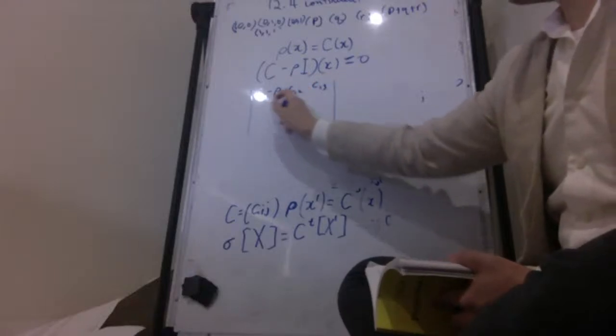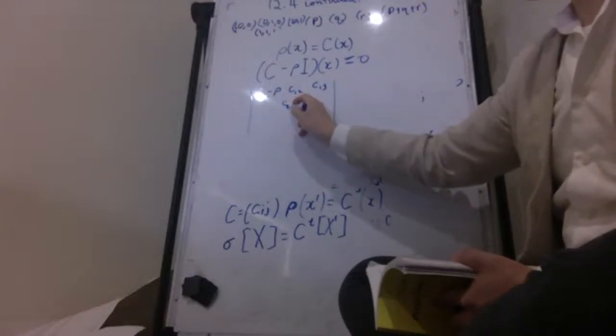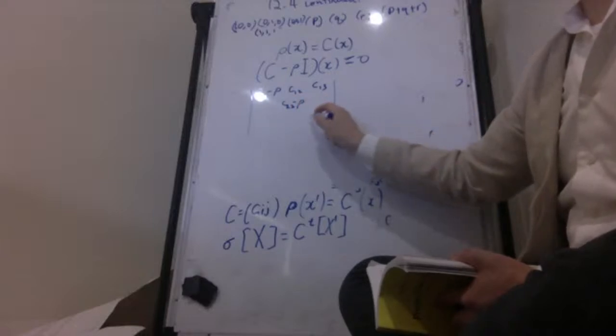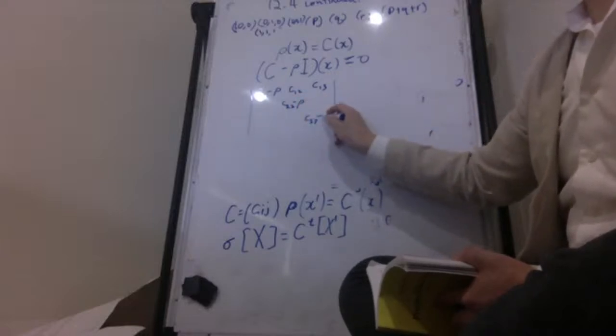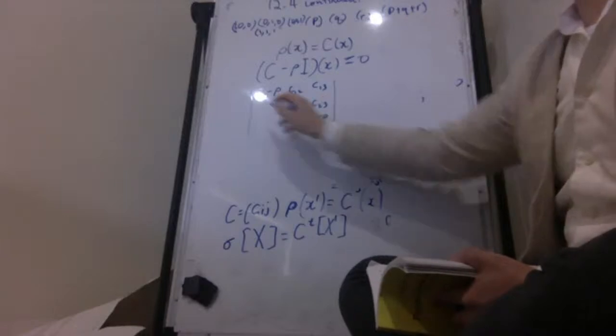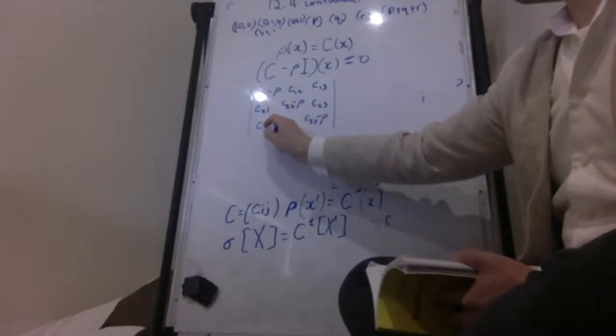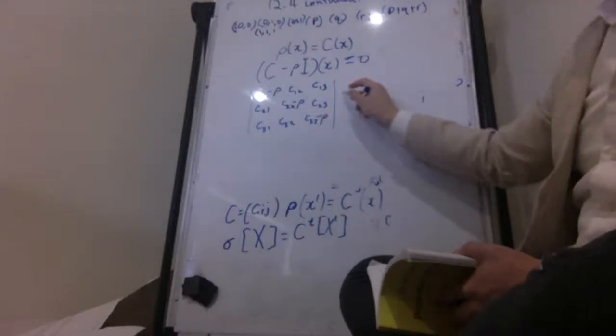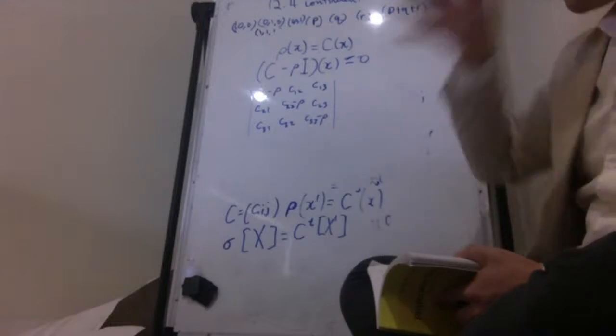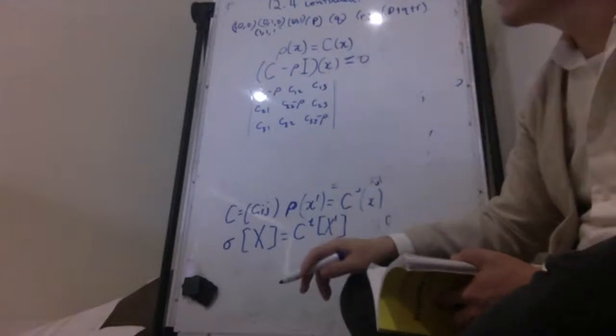So that's what's written in the book, okay? C22 minus rho, C33 minus rho, C23, C21, C31, C32. Okay, this is equal to 0, so it's not invertible.